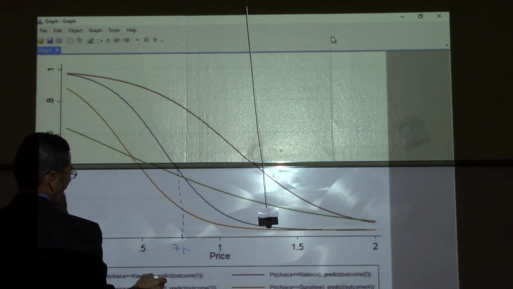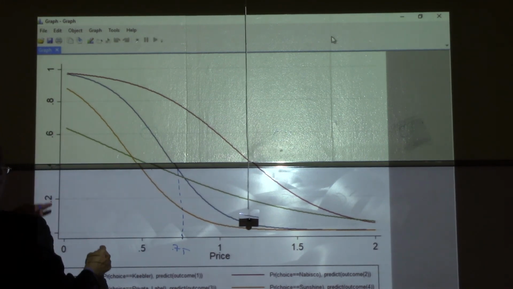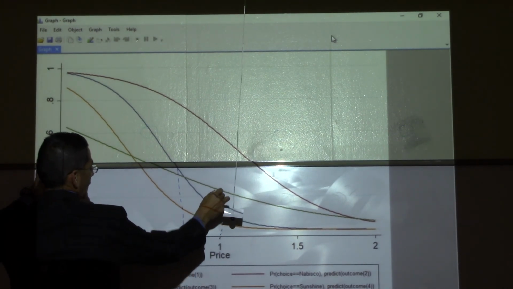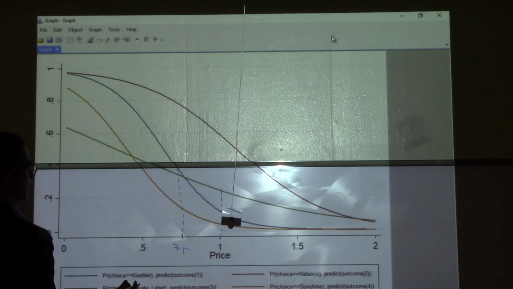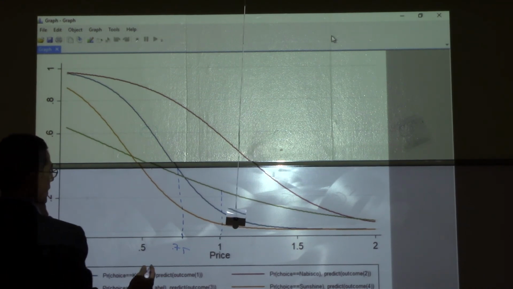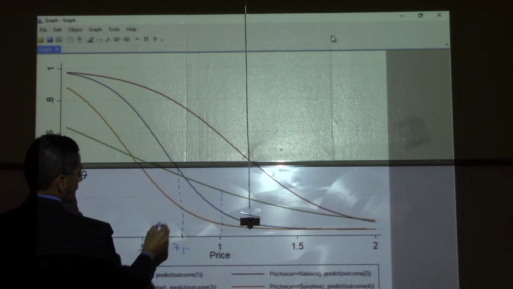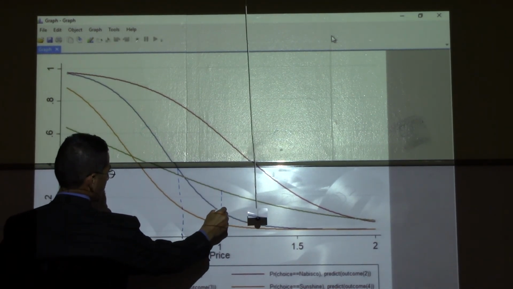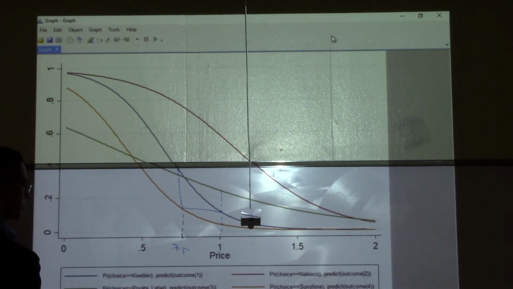We can take the probability over here, which is roughly 0.4, and let's say we go up a quarter. And we can see which one really has a significant effect. As we go up a quarter, we see this effect for blue, which is Keebler.